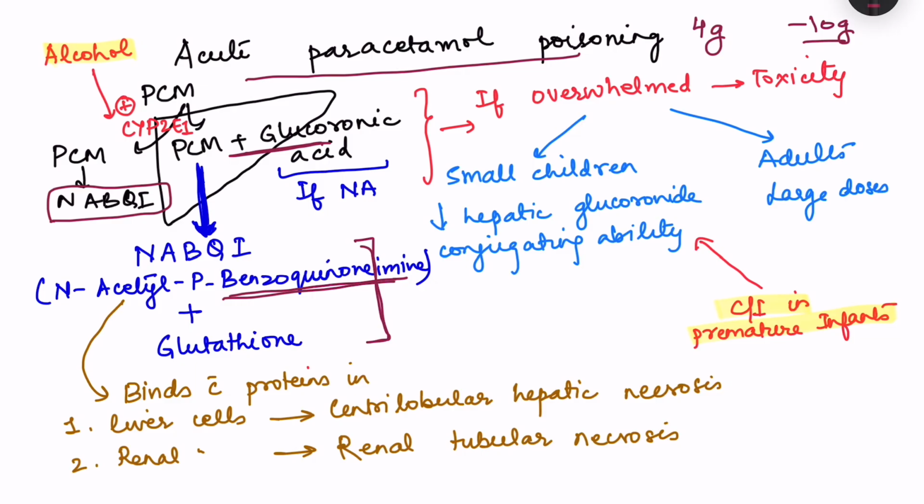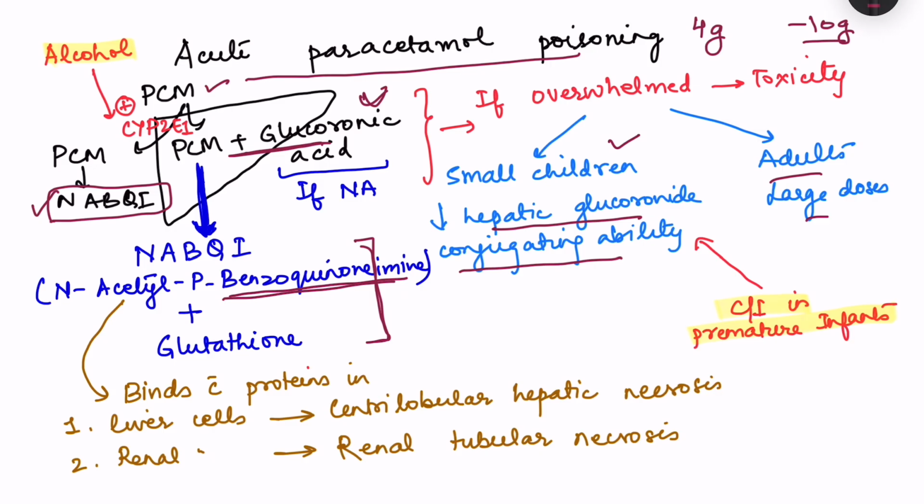Now, suppose this PCM binding with glucuronic acid is overwhelmed, that means there is decreased hepatic glucuronide conjugating ability, so glucuronic acid doesn't combine with PCM. That means more of the PCM will be diverted to production of this toxic metabolite. So this happens in small children, and in adults in case of larger doses. Okay.